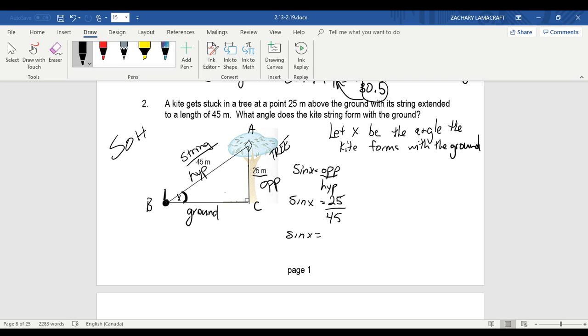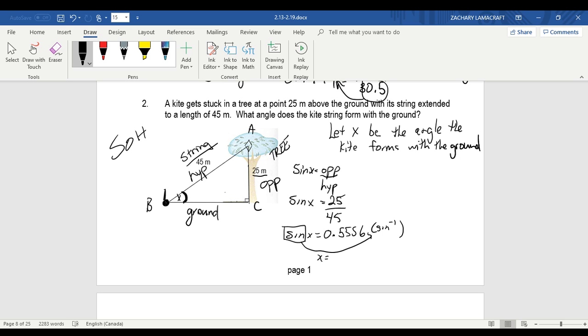If we divide those two numbers, we will get the sine ratio, which is 0.5556. We're going to round up to that. Okay. And now in this case, we have x. We want to find out x by itself, and we know we're trying to find an angle. So we're going to have to use the sine -1 button to help us out with this one.